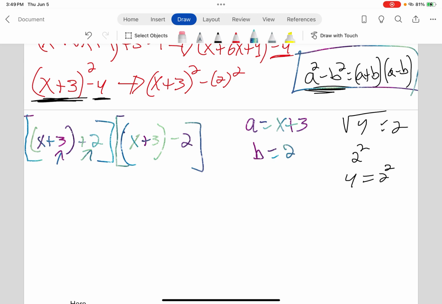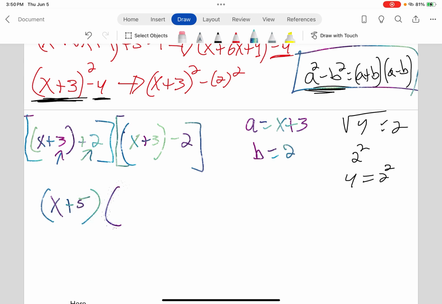In the first factor, you combine x with x, as in the other side there is no x, so it will be just x, and then 3 plus 2. Why plus? Because those numbers have the same sign, both are positive, and we keep the sign, which is positive. 3 plus 2 is 5.